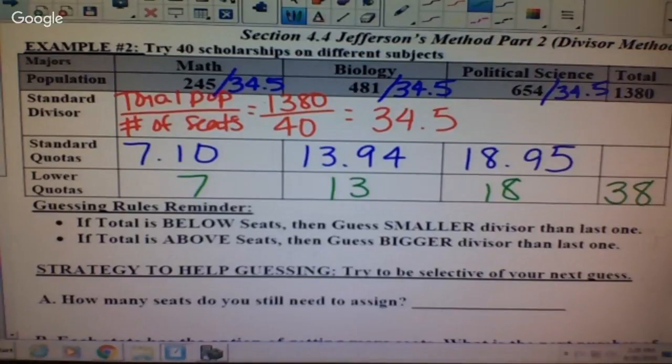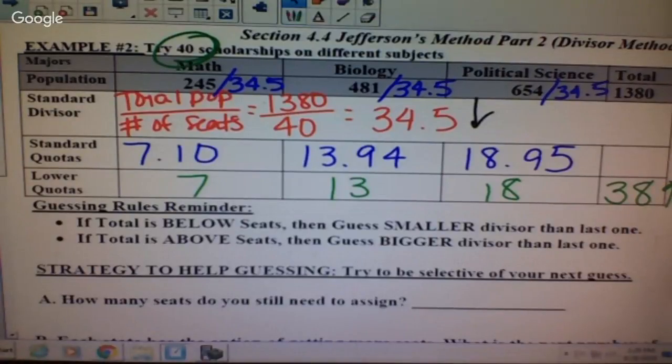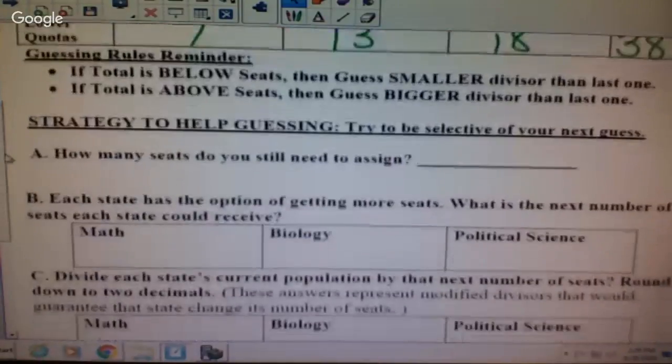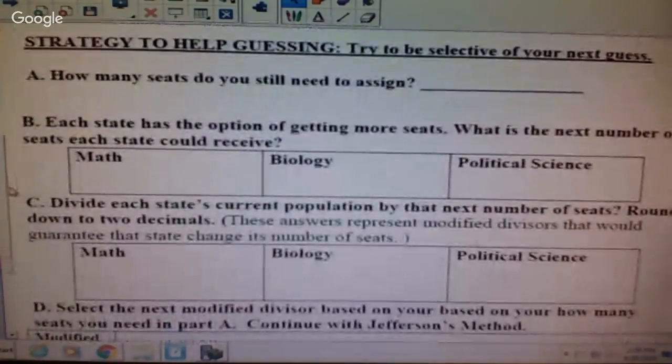It needs to go up by 2. Remember, my goal is my seats. So this needs to go up by 2, which means I need to take this number and drop it down. I can't get too low, or I won't get back up.